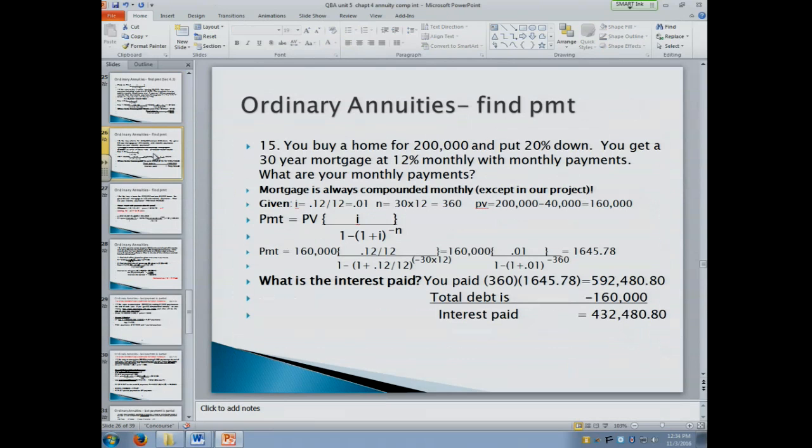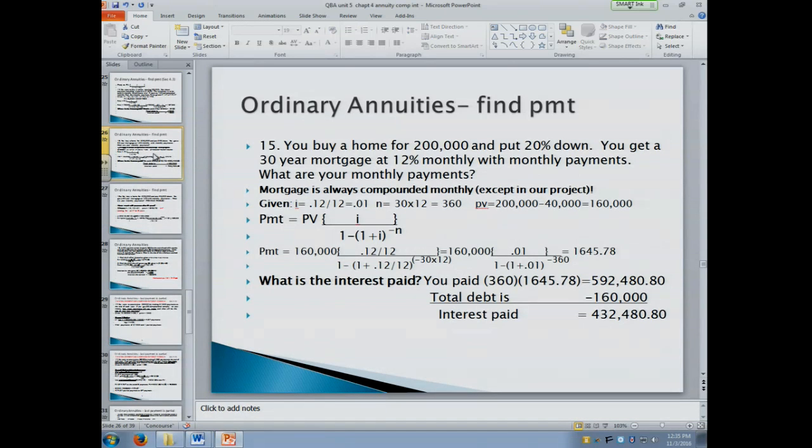Let's talk a little bit about a very common annuity, which is your mortgage. Question 15, you buy a home for $200,000 and you put 20% down. What is 20% down? That is your deposit. The bank wants you to put some of your money into this house. They want you to have some ownership of it, theoretically, and literally.